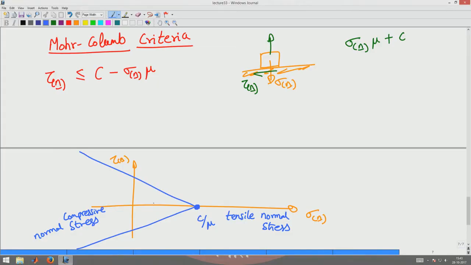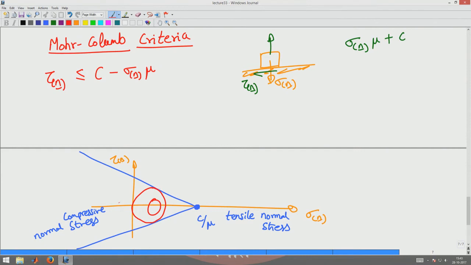And if you draw a Mohr circle which is contained within these two failure envelopes, it will not fail. If the Mohr circle is like this, it is on the verge of failure. If the Mohr circle is like that, it is also on the verge of failure.